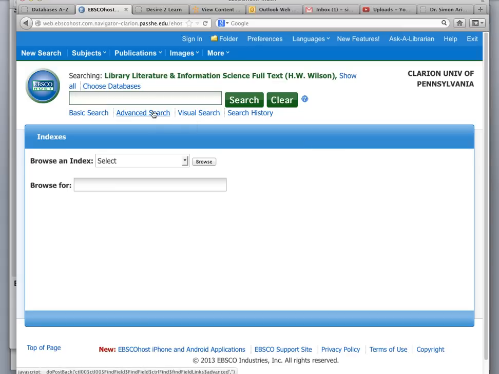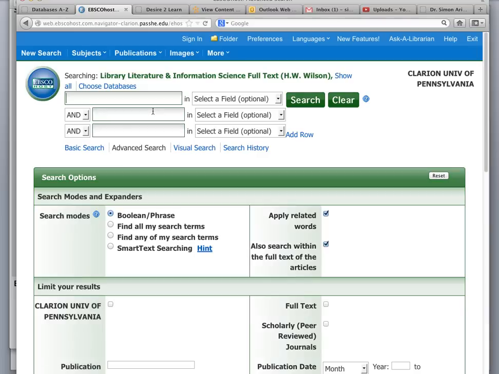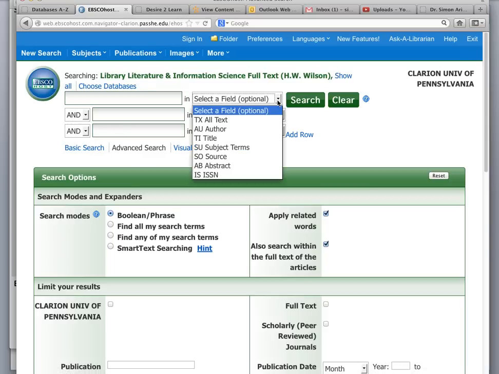And of course, please don't ever forget the advanced search and combining Boolean operators right here with fields. In the case of this vendor and these two databases that we are working with, there are only, let me see how many searchable fields there are, 1, 2, 3, 4, 5, 6, 7.